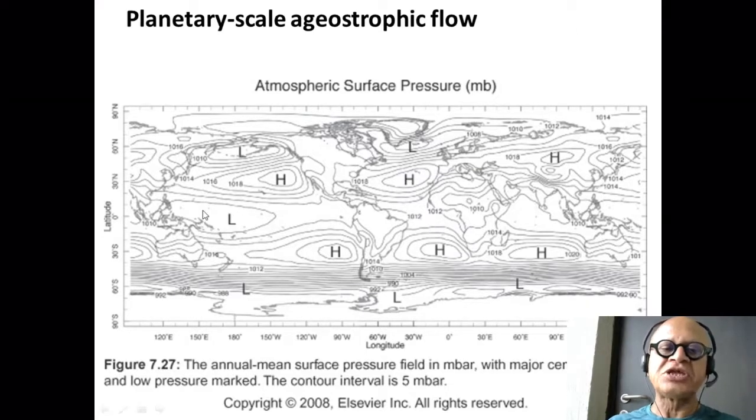So this region here rains about 5 meters per second. So we will see this again, but the point is that these kind of pressure centers are associated with ageostrophic flow, but these are now very large scale. These are the planetary scale ageostrophic flows.